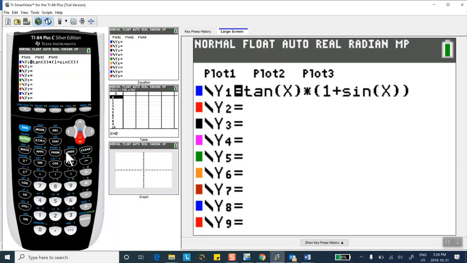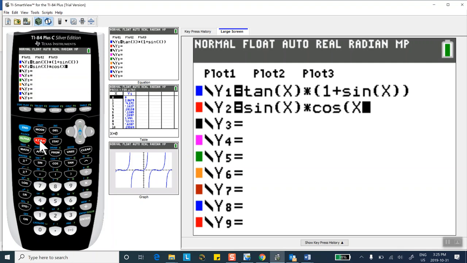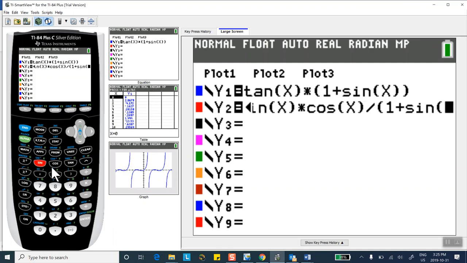Next one is sine of x times cosine of x divided by parentheses 1 plus sine of x.